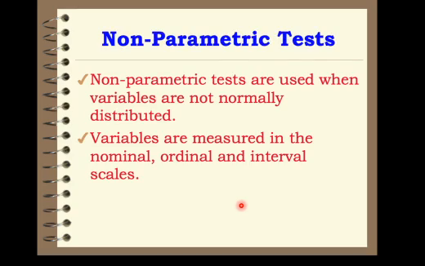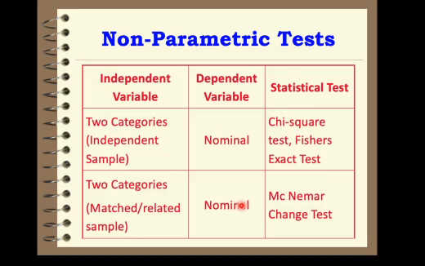Now, let's talk of non-parametric tests. As we said, non-parametric tests are used when variables are not normally distributed, and variables are measured in the nominal, ordinal, or interval scales. And again, this should come handy for non-parametric tests.